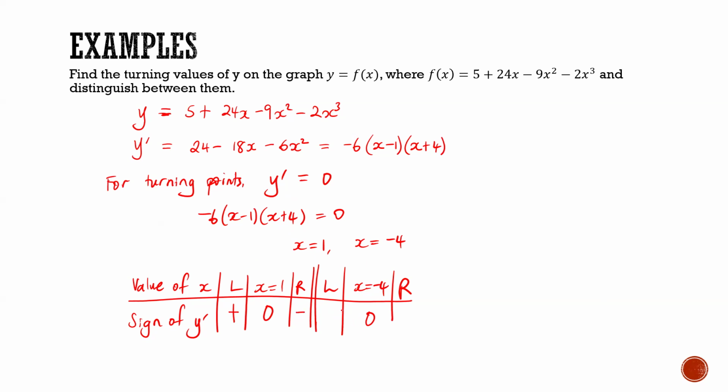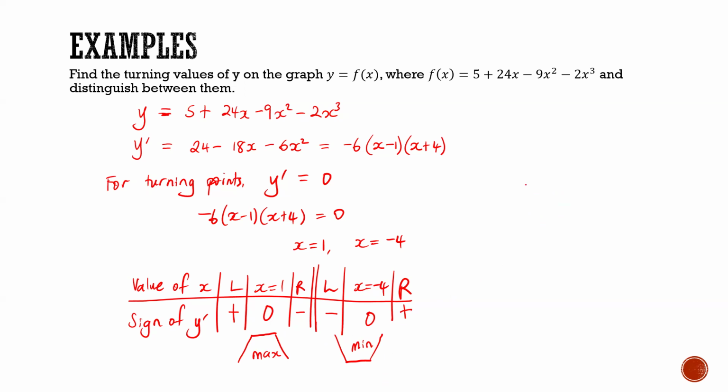And if you calculated this, say for negative 4.1, you'd find that it's a negative value and this is a positive value. So what does that mean? It means that the curve progresses like this: positive gradient, 0 gradient, negative gradient, indicating that this is a maximum. And here it progresses as negative gradient, 0 gradient, and then positive, indicating that this is a minimum.